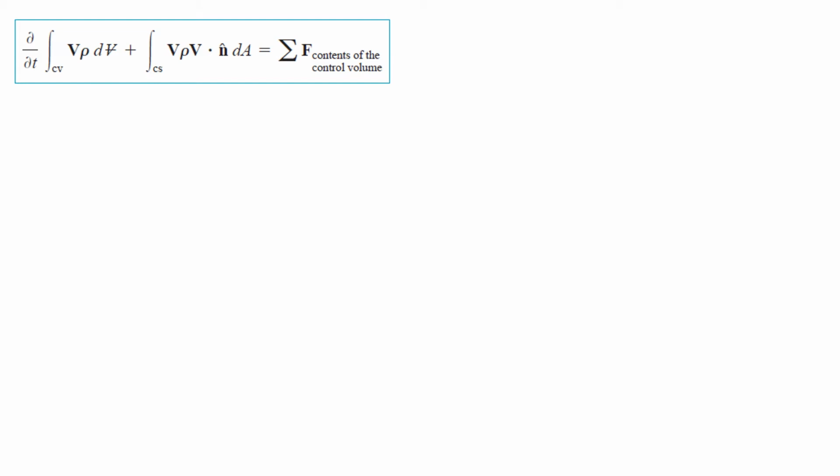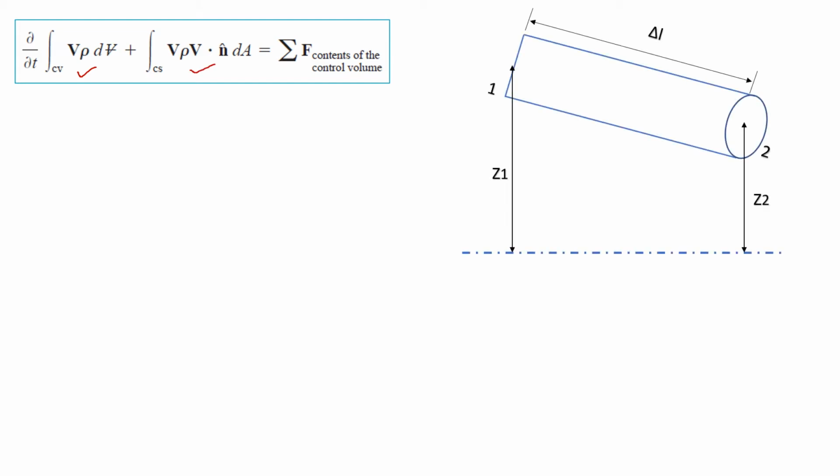Now we will use our momentum equation, and by using our control volume and control system analysis, we will apply it on the same scenario that we used for our energy equation. We have section 1, the inlet, section 2, the outlet, then the axis of the pipe, and as you can see, we will be summing up the forces.